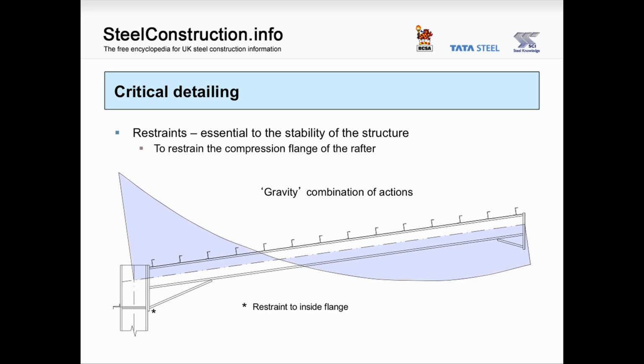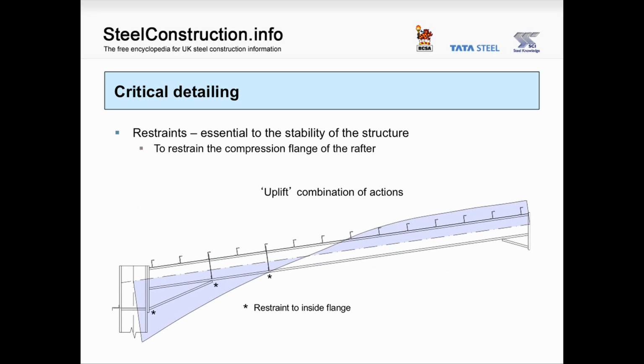The location of the restraints to the inside flange of the rafter is also very important. Adjacent to the sharp end of the haunch, the inside flange of the rafter is in compression, and it's very likely that we will need to provide some additional restraints. That's the gravity load combination.